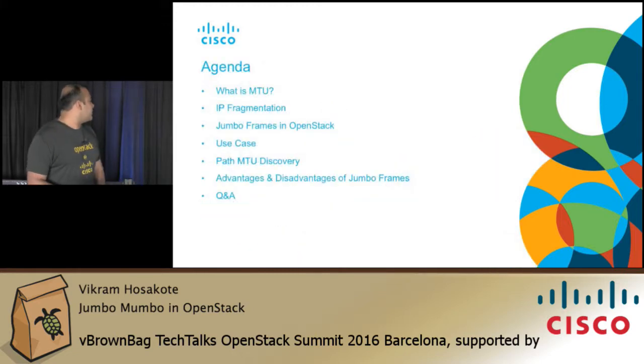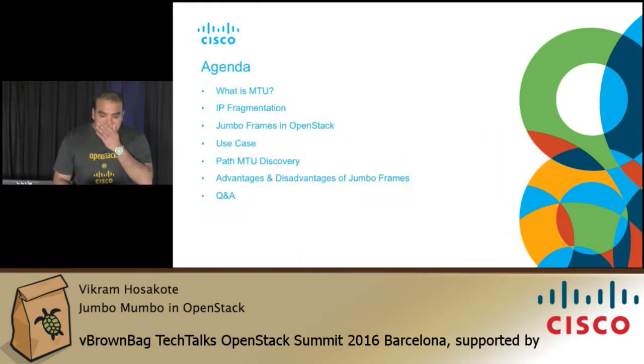So the agenda is, we'll talk about what's MTU, what is IP fragmentation, and then jumbo frames in OpenStack. So how can we enable jumbo frames in OpenStack? What are the config files we need to update? And then the use case I tested. What are the tests I did before jumbo frames and after enabling jumbo frames?